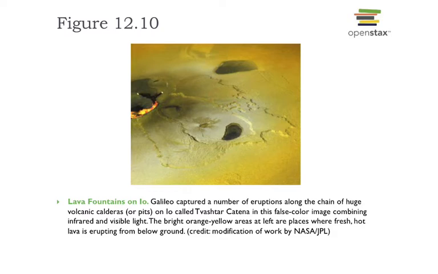We also have images here. We see lava fountains on Io. And on the left there, we could see fresh hot lava that's erupting from the ground. So very, very active volcanically on Io.